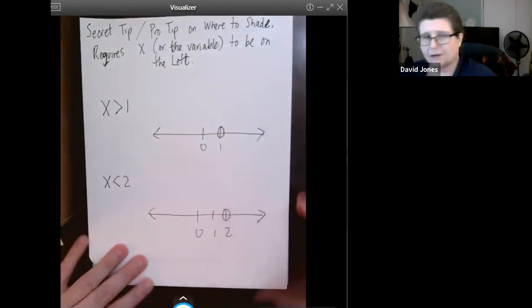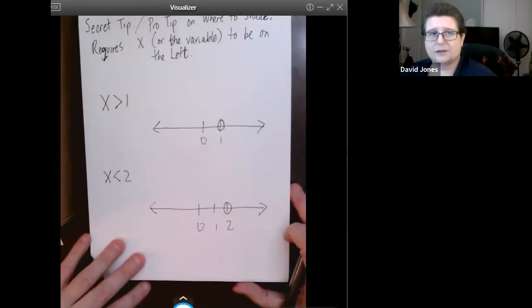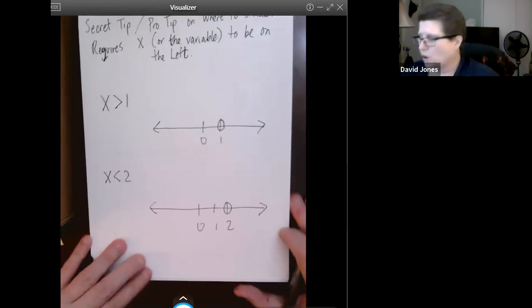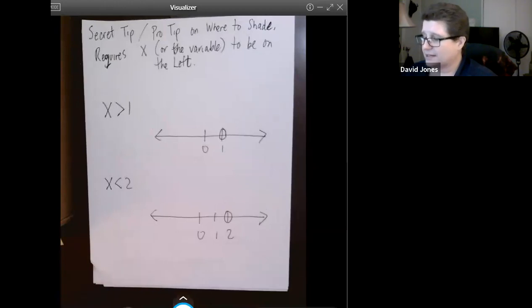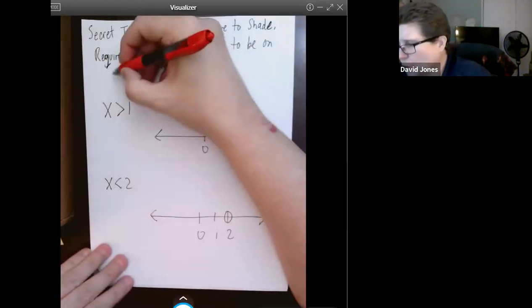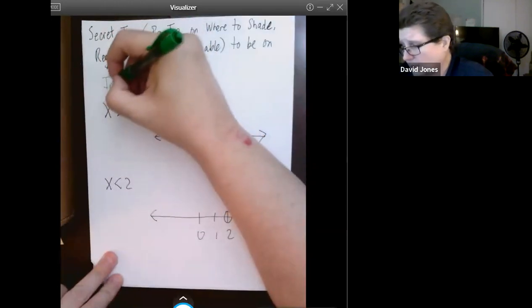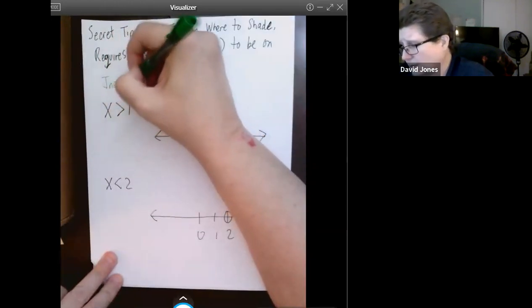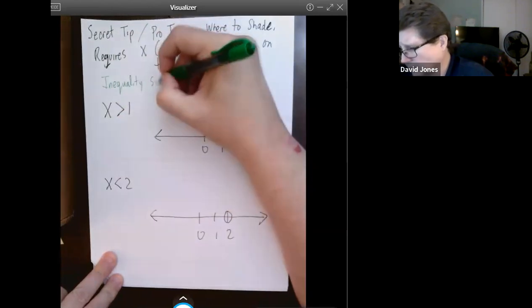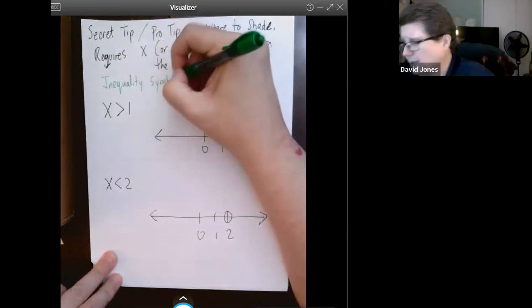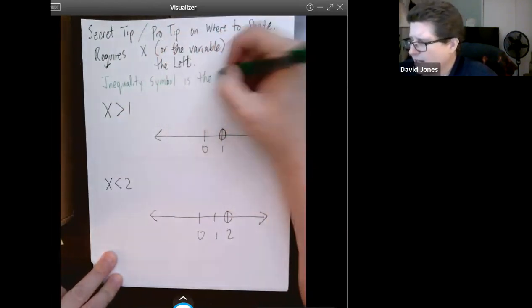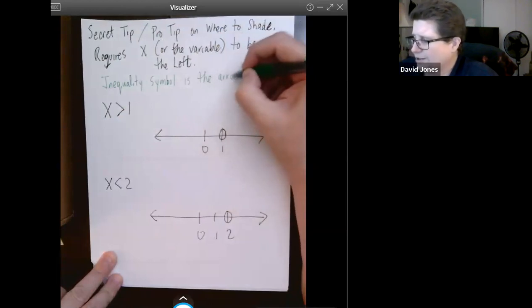We put a circle on our values. X is greater than 1. We put a circle on the value. When X is on the left, the inequality symbol is the arrowhead on the shaded region.